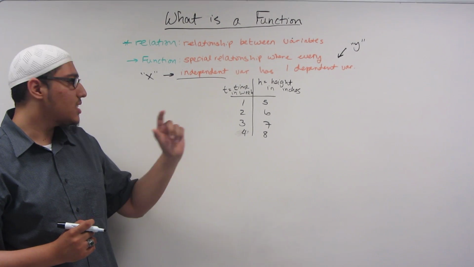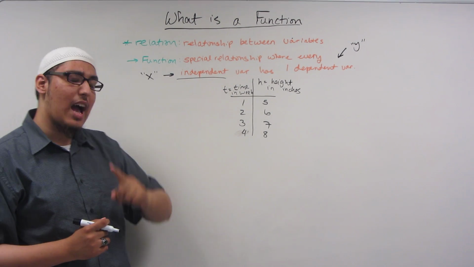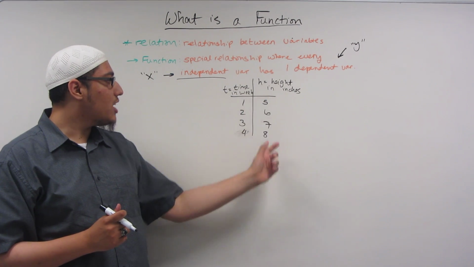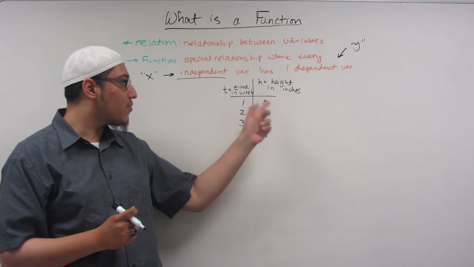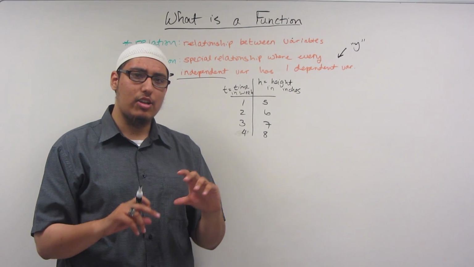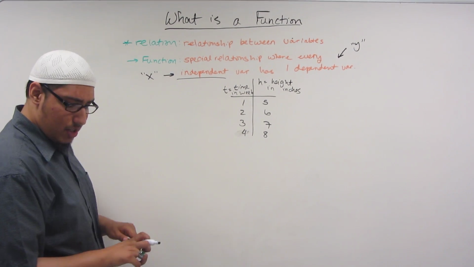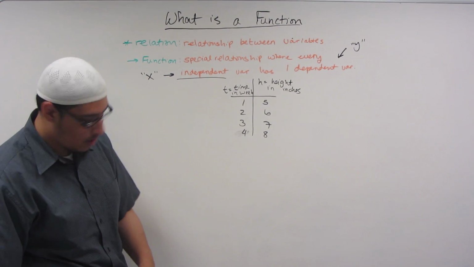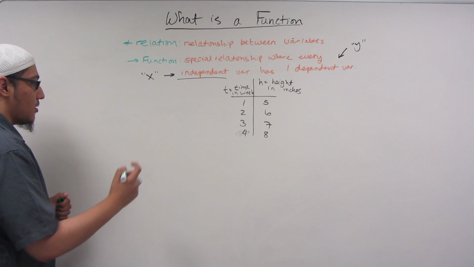Now the idea is that for each week, we can have only one measurement. We cannot have two measurements. If we had two measurements for each week, this would not be a function, all right? Now let's try to write these in something called ordered pairs.